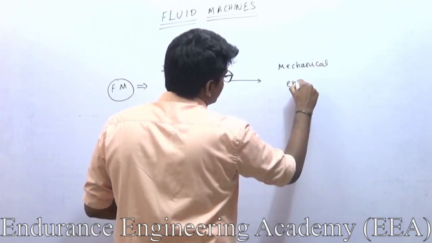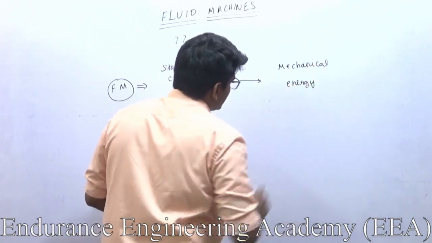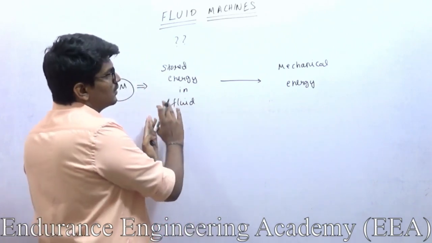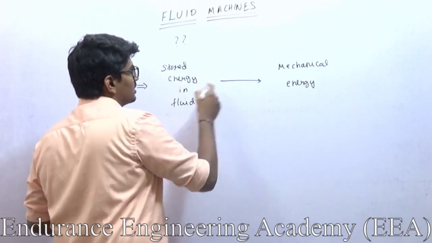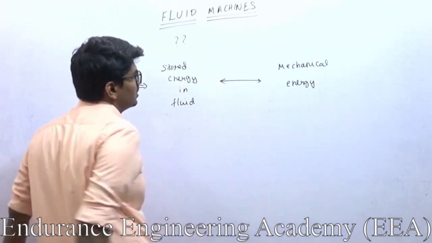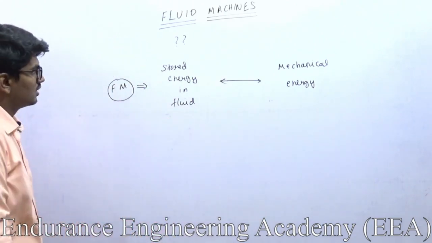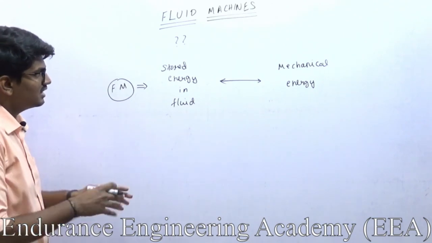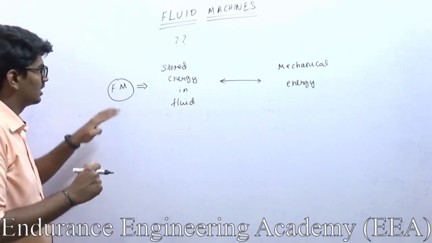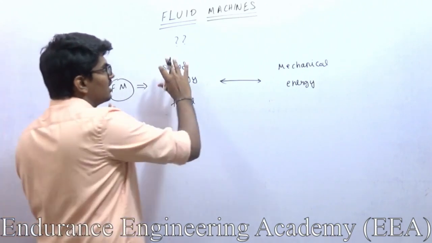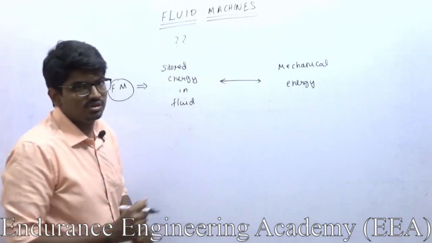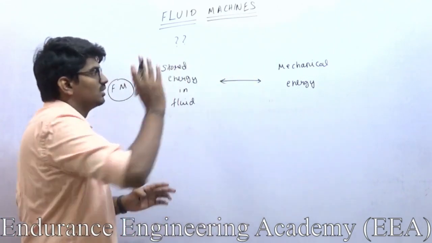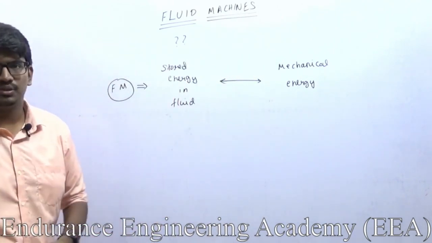Just wait a moment, let me give you the explanation. Either stored energy in fluid will be converted into mechanical energy, or mechanical energy will be converted into fluid energy. It's a machine used for converting one form of energy in the fluid to mechanical energy, or mechanical energy into stored energy in the fluid.